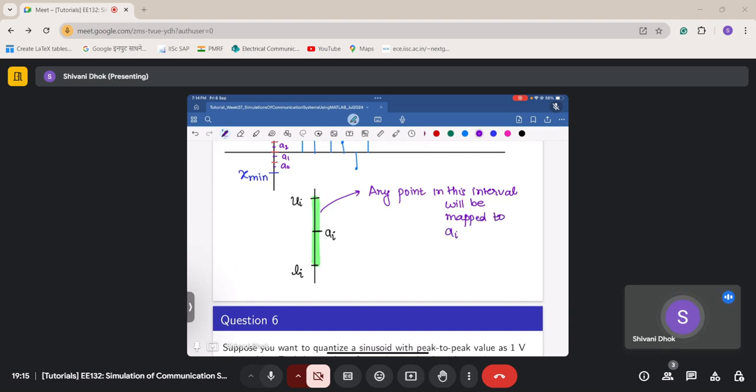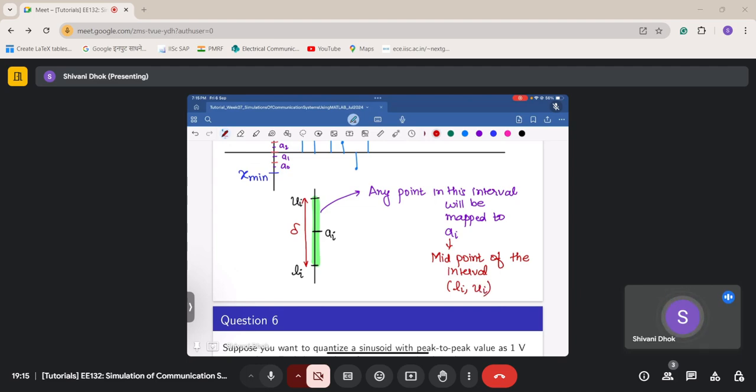What is given to us is the step size, so the step size is this delta, and this is a uniform quantizer. So this Ai is basically the midpoint of the interval Li to Ui.